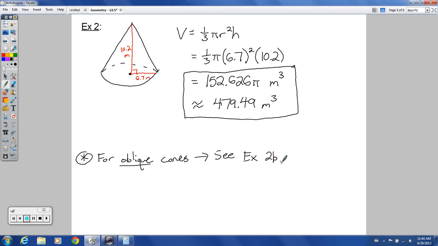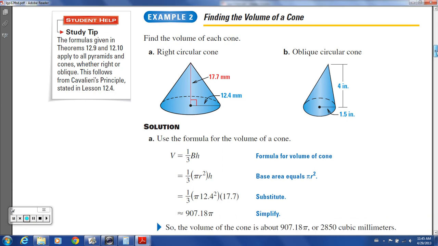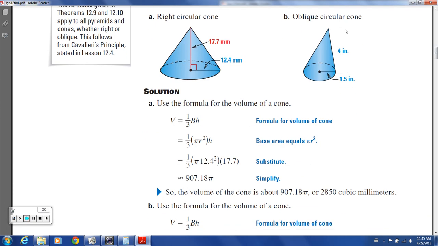So example 2B on page 753. You're still going to use perpendicular height. And so here is example 2B. They have an oblique circular cone. Here's one like the one we just did, but here's one that's oblique, but you're still using that perpendicular height.